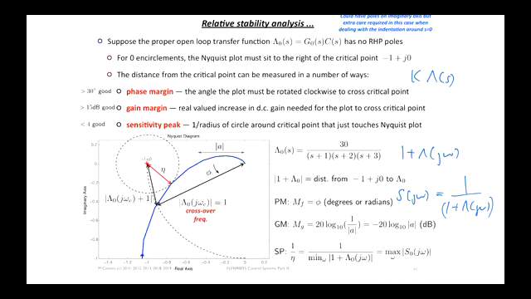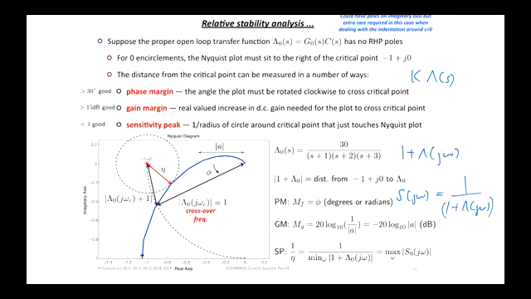Okay, so let's just remind ourselves of the different measures that we looked at last time. One of them has to do with the so-called phase margin. With the phase margin, we're looking at the point on the Nyquist plot, and remember that the Nyquist plot is really just a polar plot of the so-called open loop transfer function.